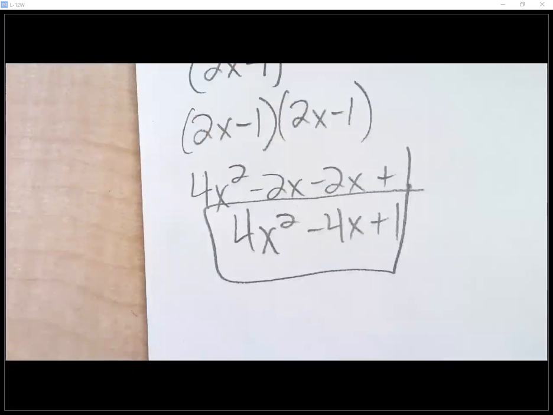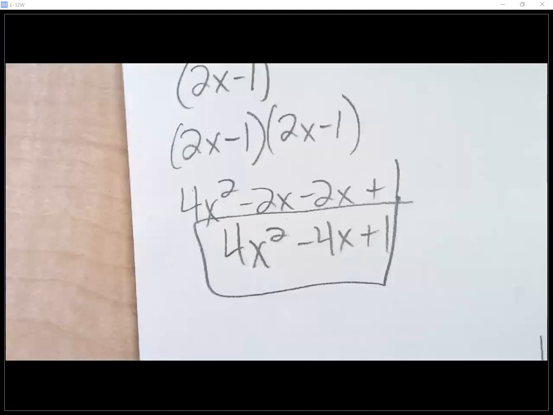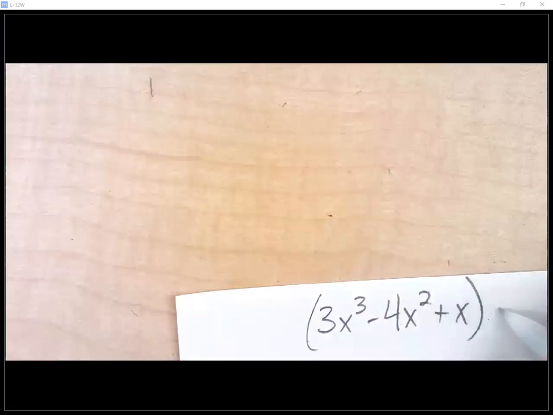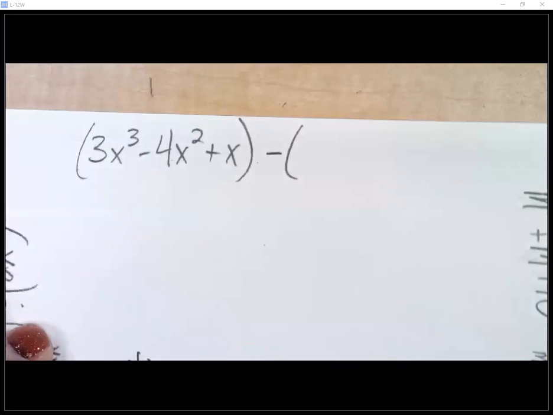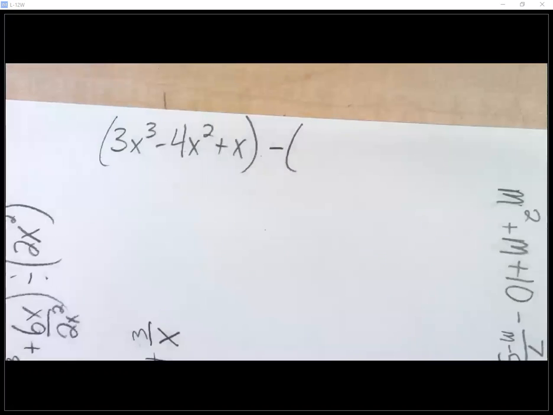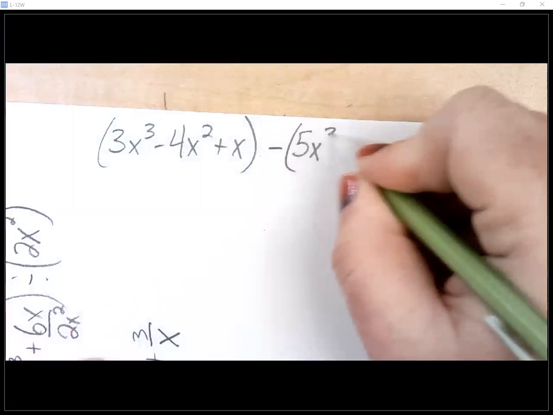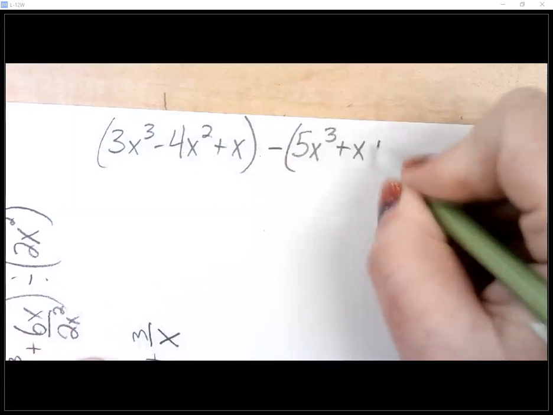Okay. So we can FOIL. We could do, let me give you one of these. Let's do something like 3x to the 3rd minus 4x squared plus x minus, sorry. Let me zoom out a little bit. Oh, how about 5x to the 3rd plus x plus 1, something like that.